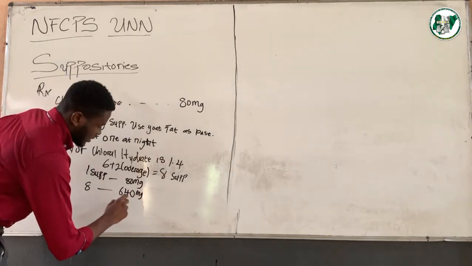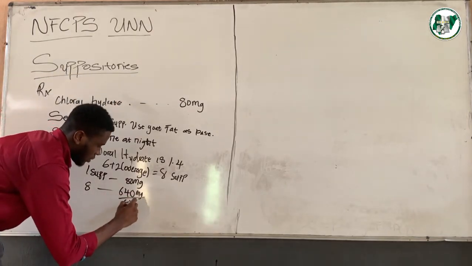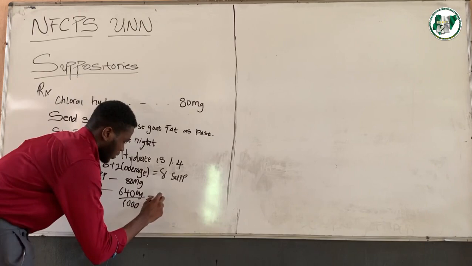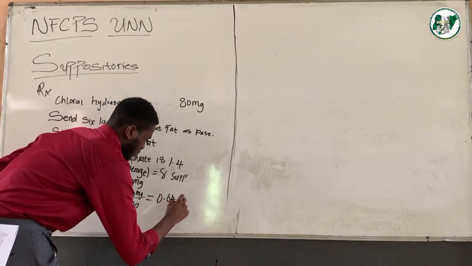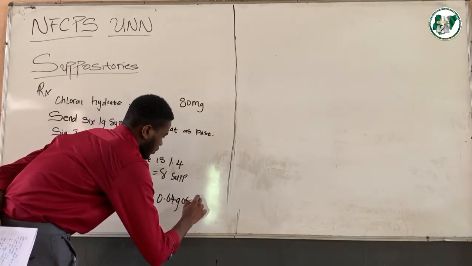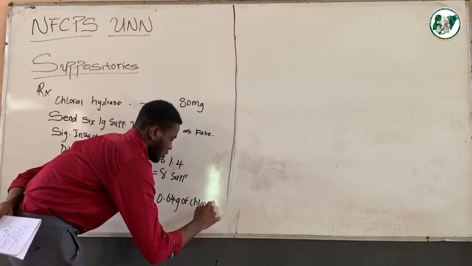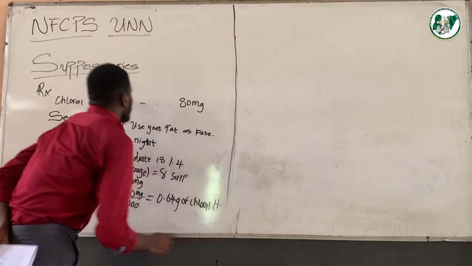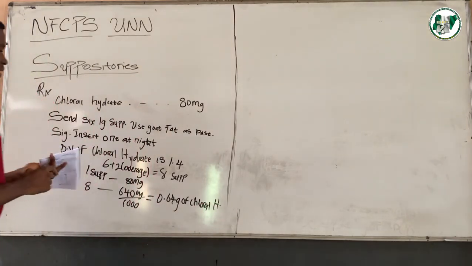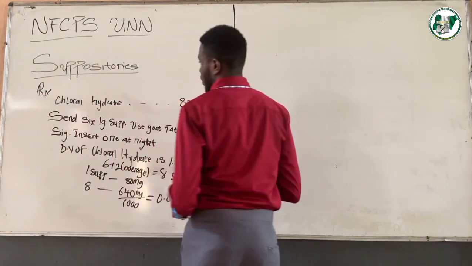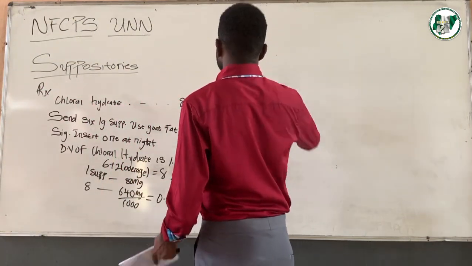Now, converting this milligram to gram, by dividing by 1,000, we would get 0.64 gram of chloral hydrate.